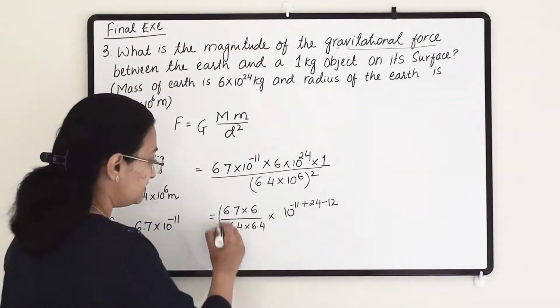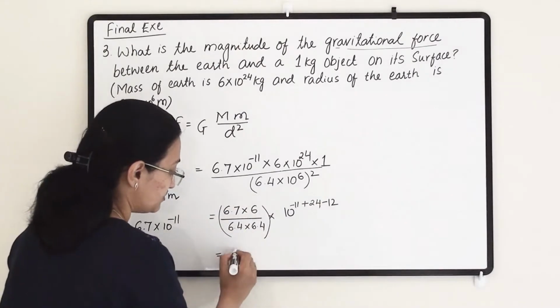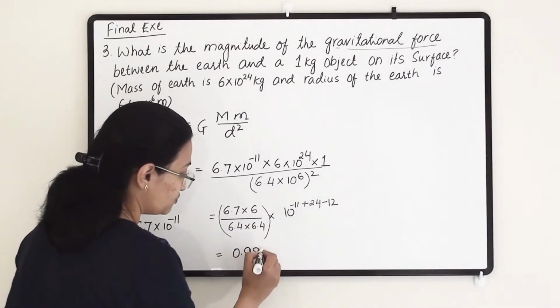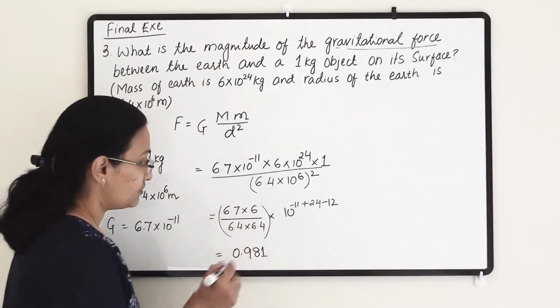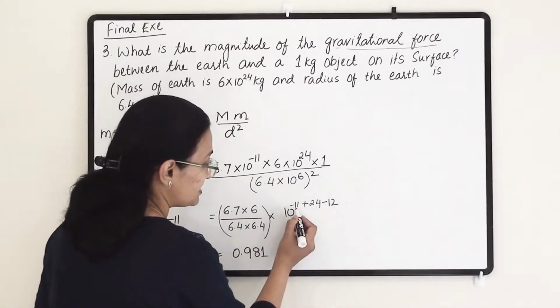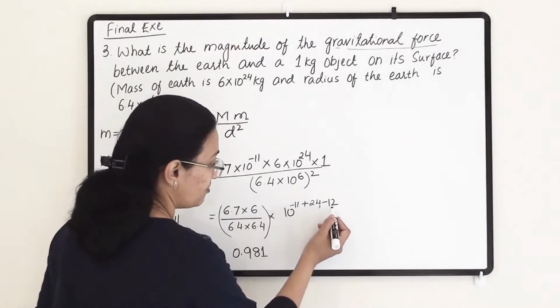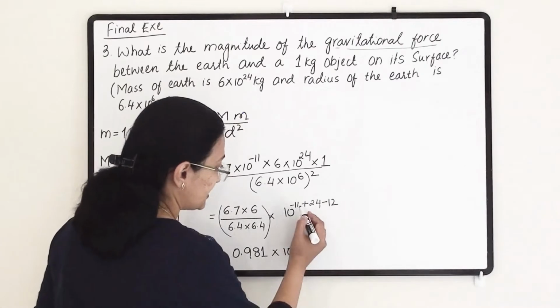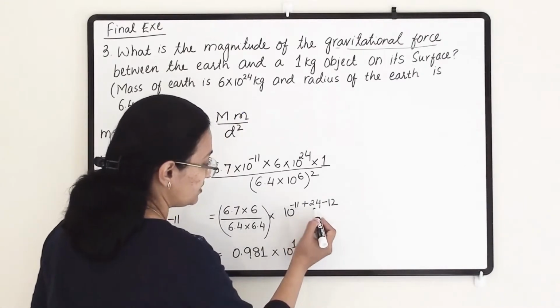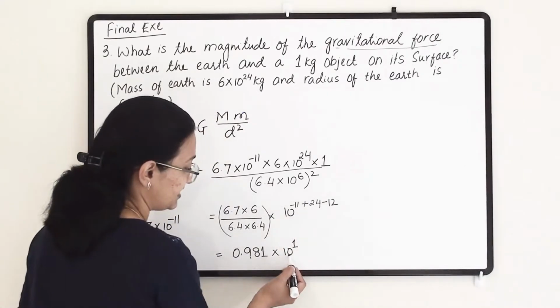Once we solve this term, we will get 0.981. Now let us solve the powers: minus 11 plus 24 minus 12. As this is minus 23 plus 24, we will get 10 raised to 1.